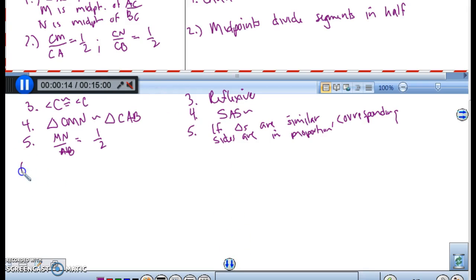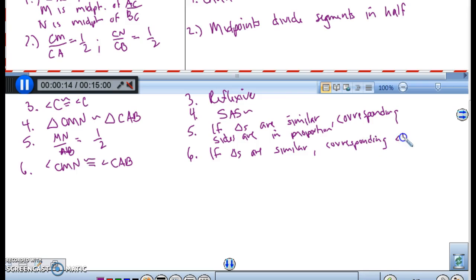All corresponding angles are congruent. So that means angle CMN is congruent to angle CAB. Because if triangles are similar, corresponding angles are congruent. Now, corresponding here, I mean in the same place in the triangle. Corresponding angles are congruent.